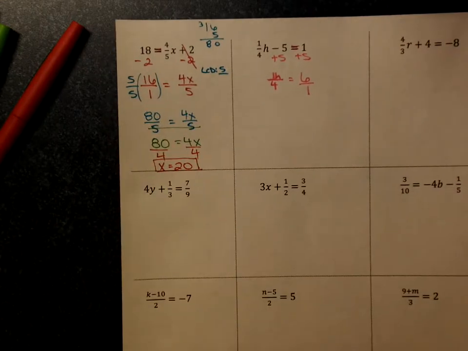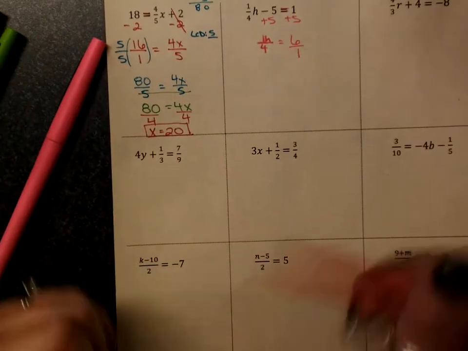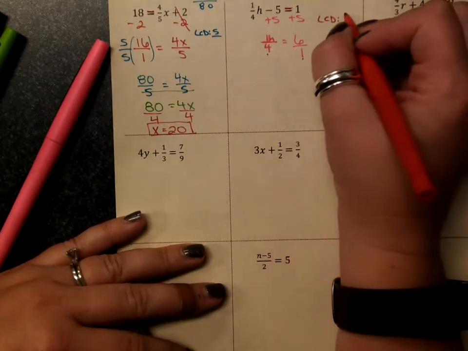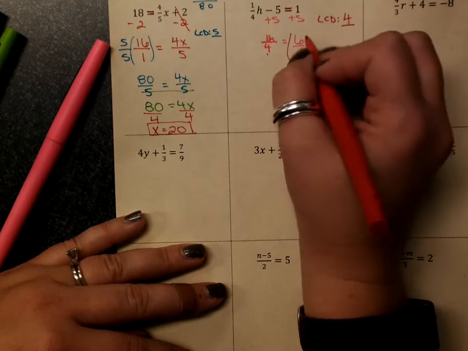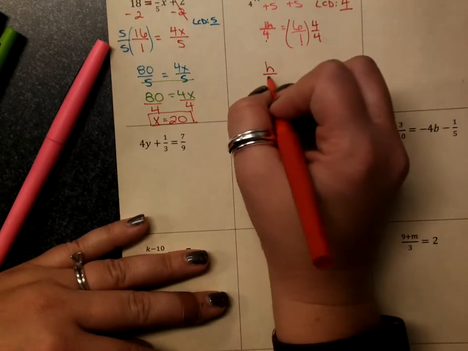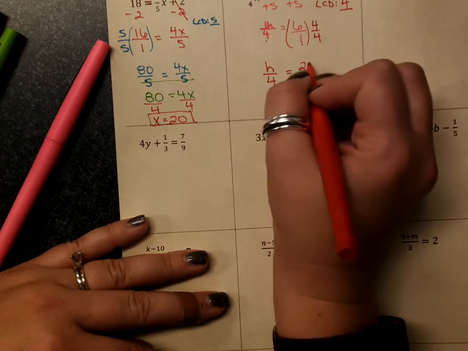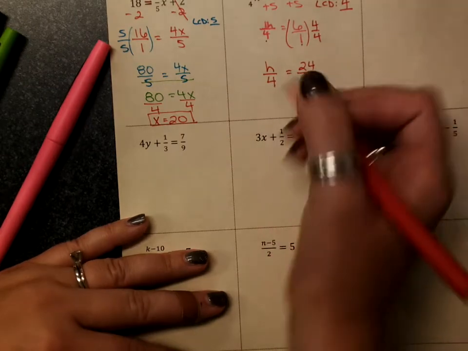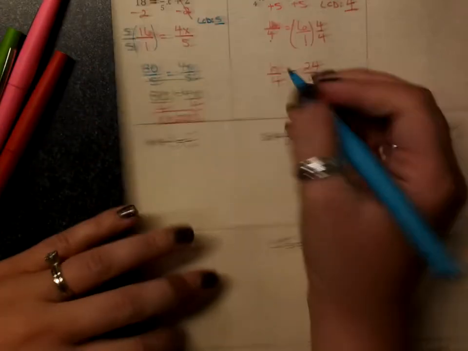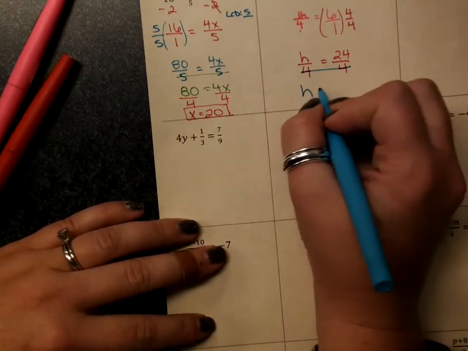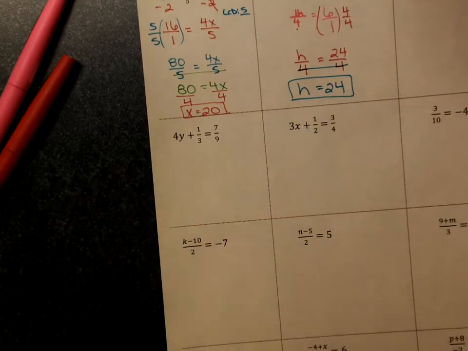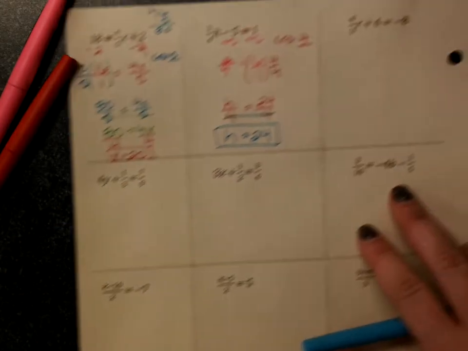Then we need an LCD between 4 and 1, which would be 4. So we're going to multiply this by 4 over 4, so we get h over 4 equals 24 over 4. Now that the denominators match, we can eliminate them. We get h equals 24. Not too bad on that one.